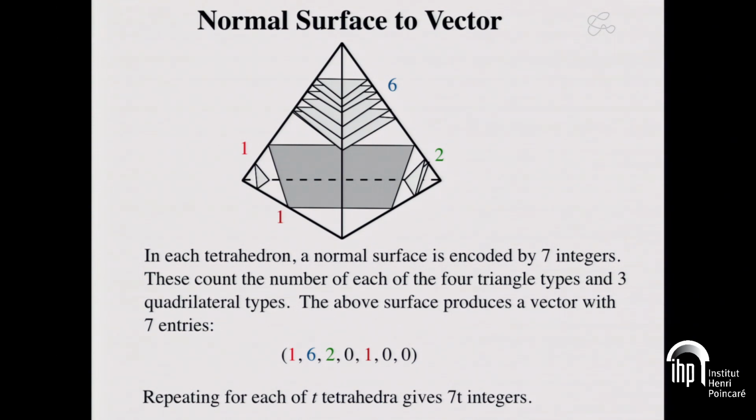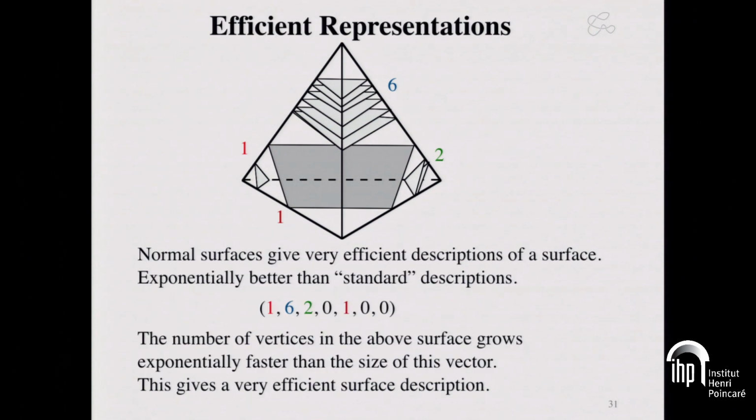It'll have 7 coordinates in every tetrahedron. And this gives a description of a surface by measuring how that surface cuts across the tetrahedron. It's a very efficient surface description, exponentially more efficient than one that keeps track of vertices of a surface.